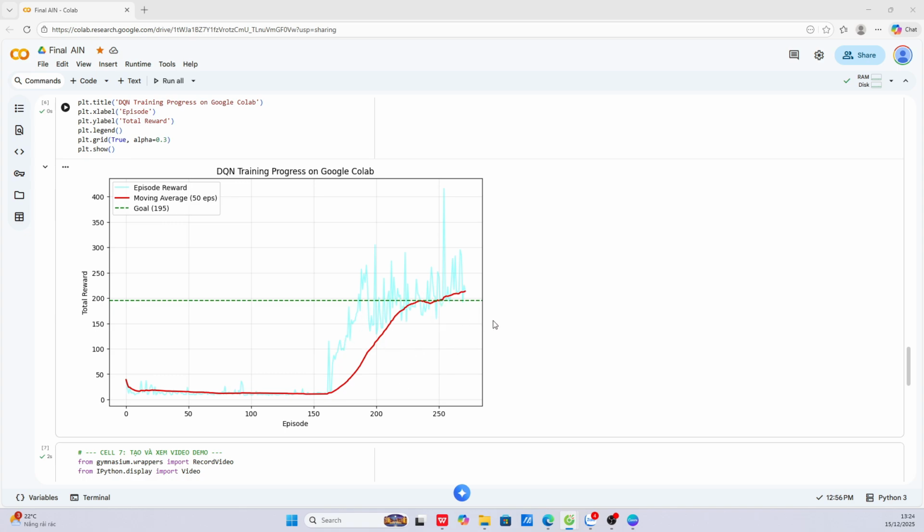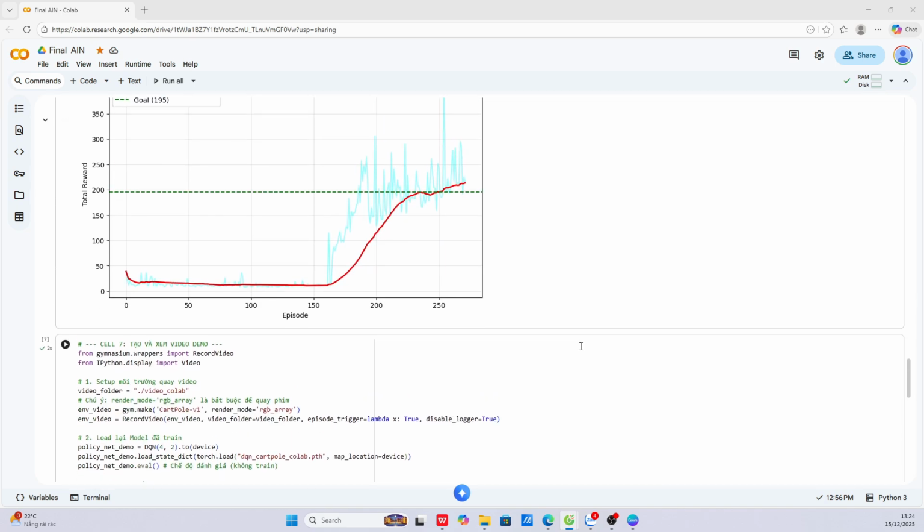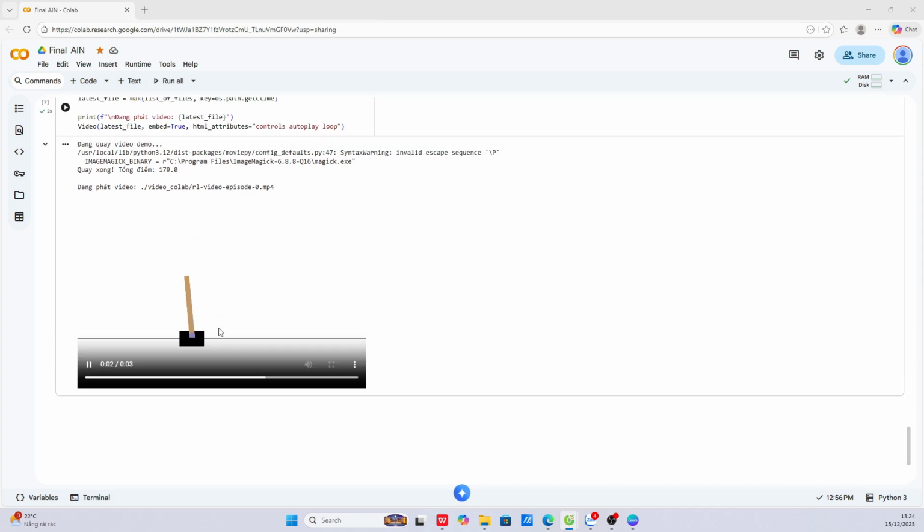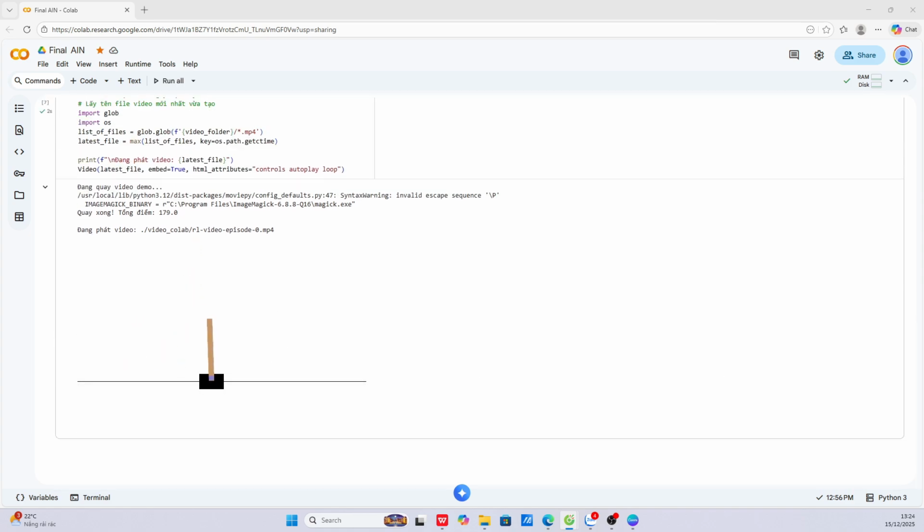It confirms two key metrics: learning rate, how quickly the red line moves up as it escapes the random exploration phase, and stability, the agent's ability to maintain an average reward above 195 consistently, which officially deemed the CartPole task solved, as shown. And this is a video render demonstration.